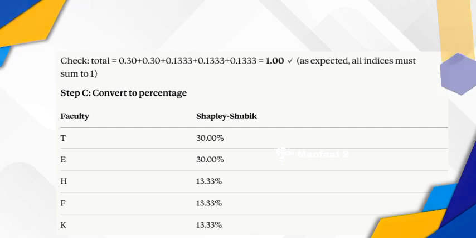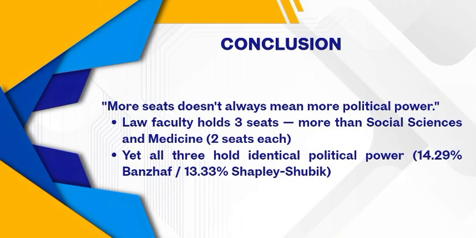So here's our conclusion, and this is really the heart of the whole presentation. More seats does not always mean more political power. Law holds 3 seats, more than social science and medicine, which only have 2 seats each.